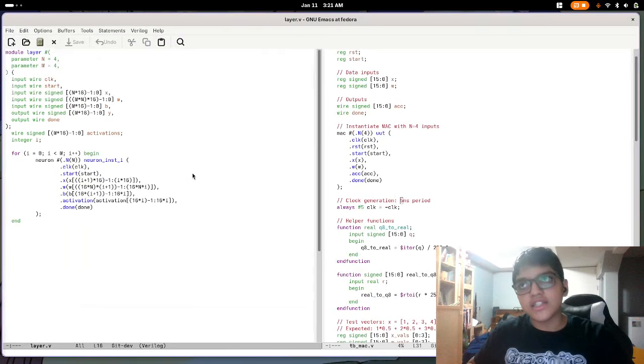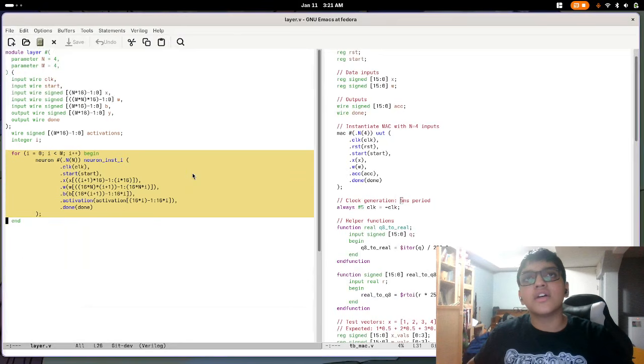We procedurally, I don't think that's the right word. This is a special type of for loop in that it's not dictating how the program should run at runtime.